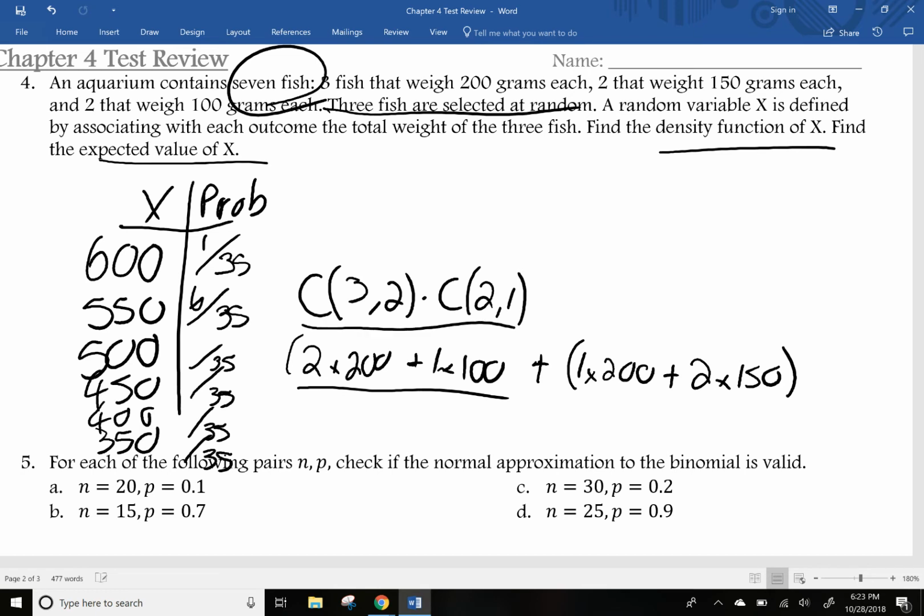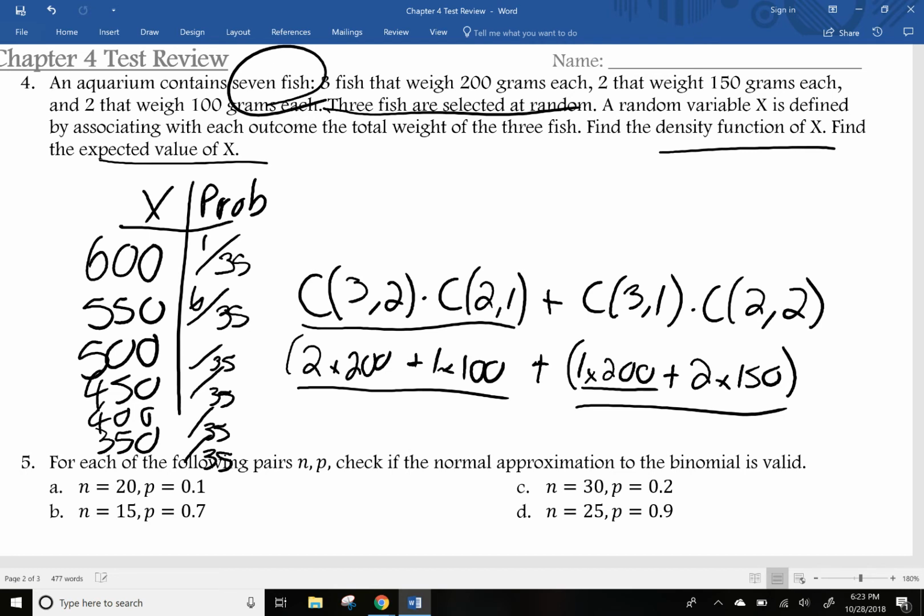We're going to take this and add it with this other outcome. So combination of a 200-gram fish, there are 3 of them, choosing 1 of them, and then multiply that with the combination of 2 150-gram fish, and you're choosing 2 of them.